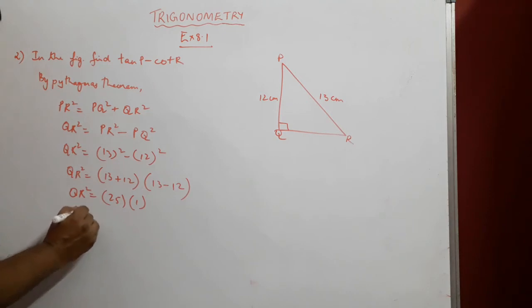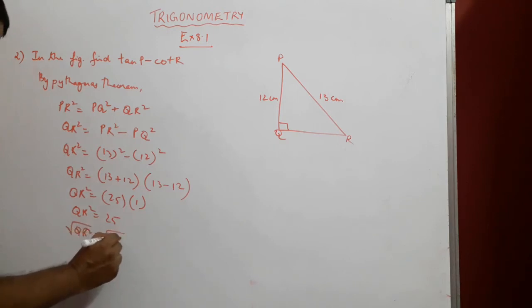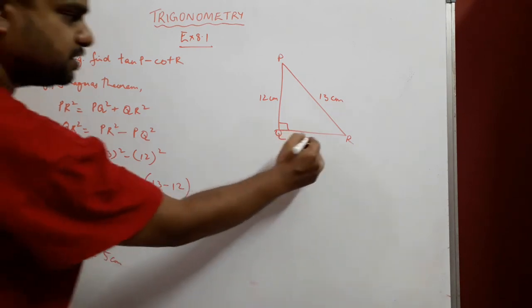That will give us QR square equal to 25. So square root of QR square is equal to square root of 25. That gives us QR equal to 5 centimeters, and centimeters is the unit.